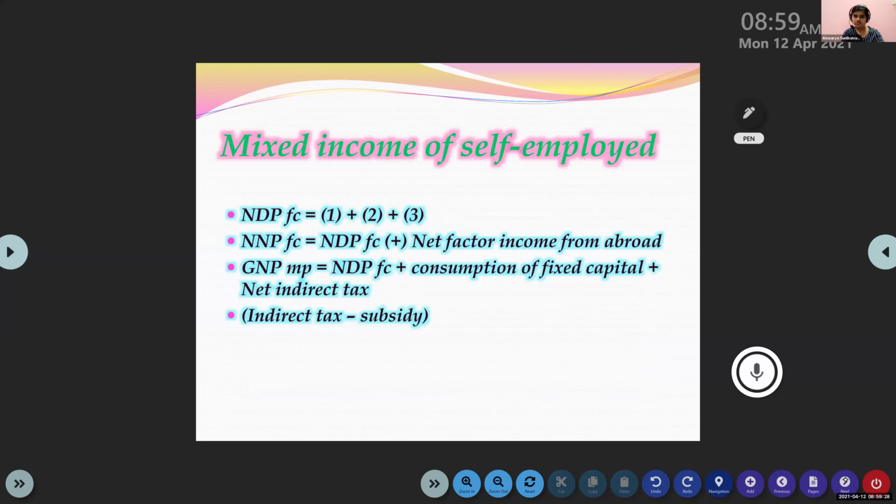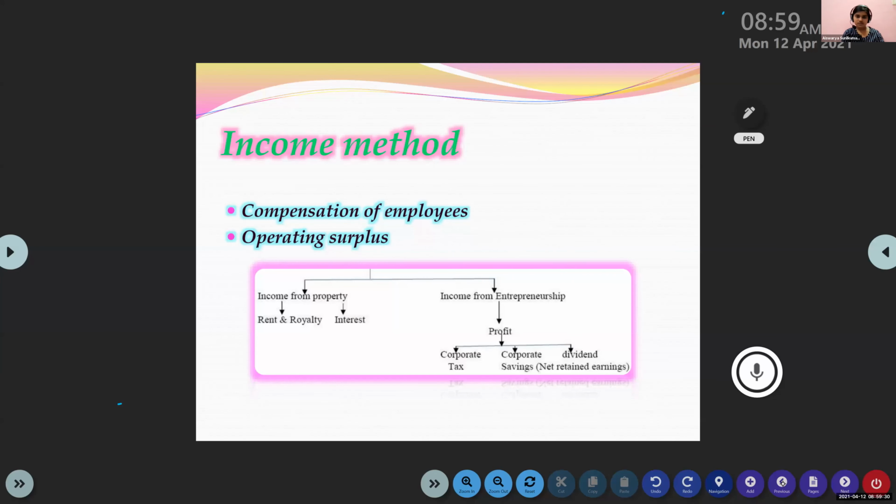So one doubt. Yes. This income from entrepreneurship, is this also a part of operating surplus? Pardon? Yeah, income from the entrepreneurship. Okay. Entrepreneurship is another factor. What is that? Organizer. Right or not? So here compensation of employees, first factor. What is that? Labor. Right?